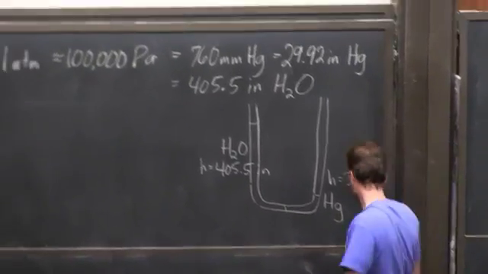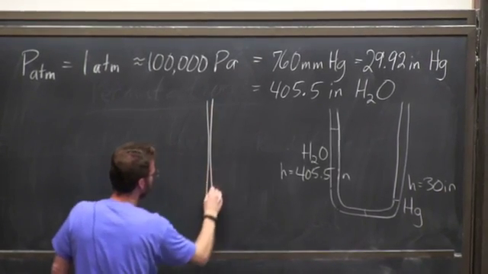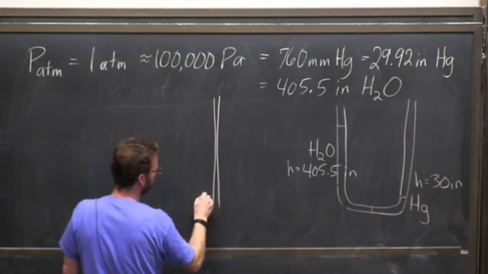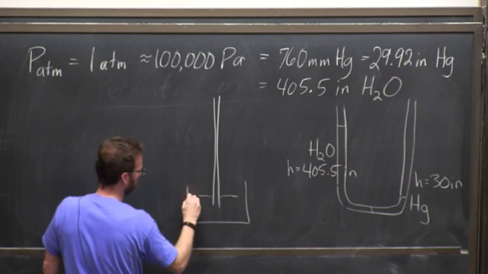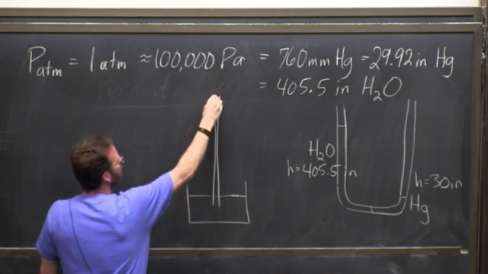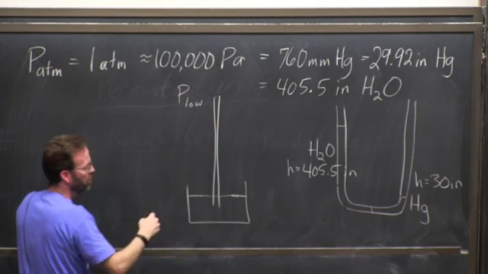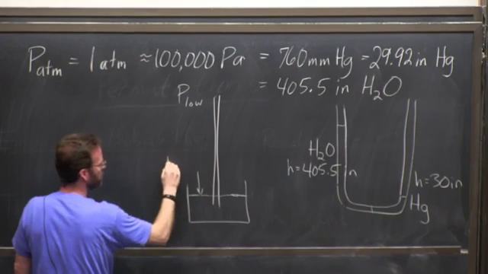So this is the maximum theoretical height a straw could be. Because for a straw, you have your straw, and you're trying to suck up the fluid, right? You have to lower the pressure here compared to the pressure pushing down here, which is what?